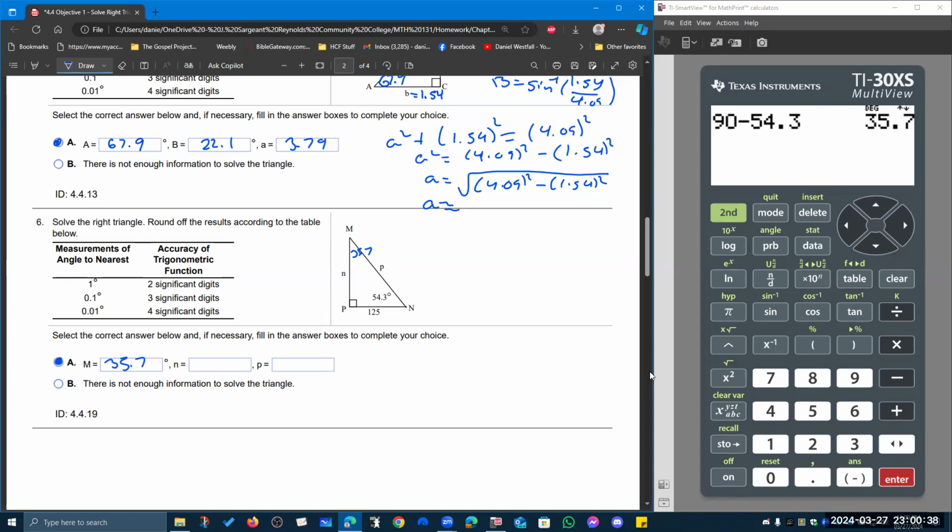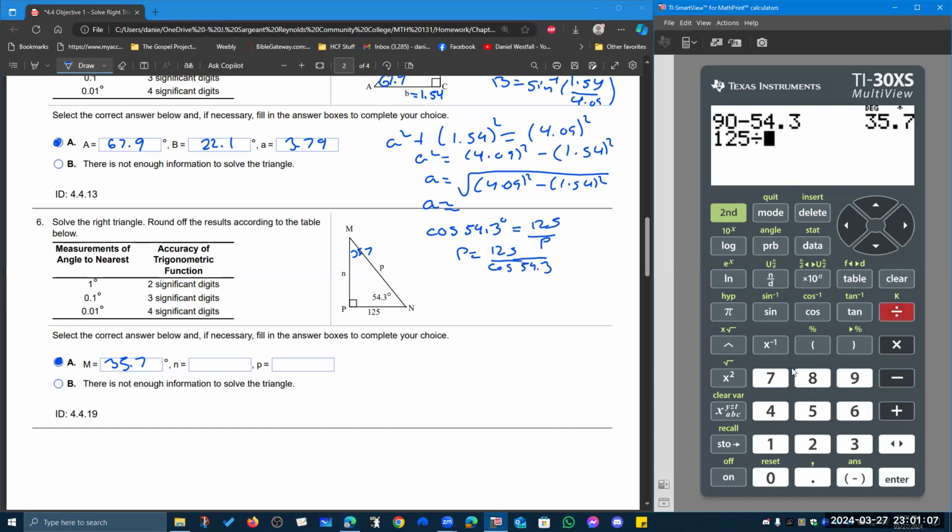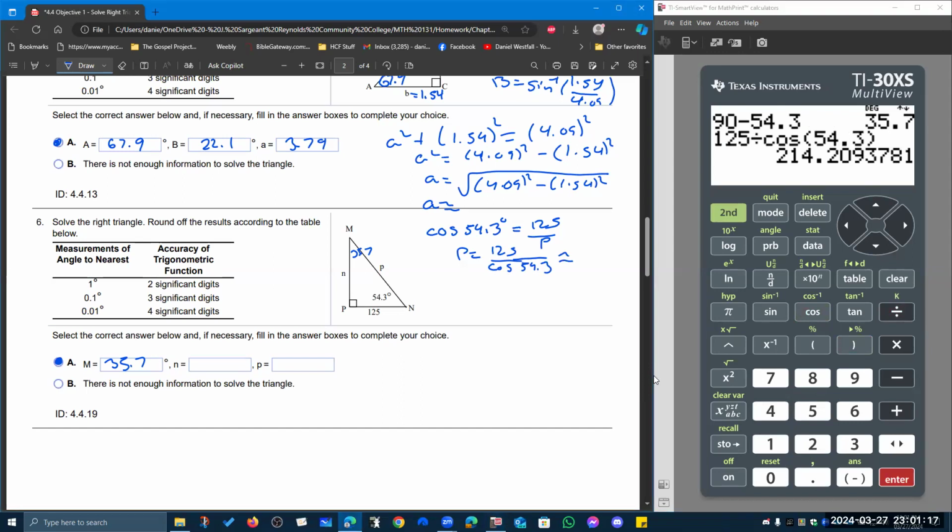Then let's go ahead and find cosine of 54.3 degrees is equal to 125 over side P. So P is equal to 125 divided by cosine of 54.3, which will give me a P that is approximately, and we are using tenths of degrees, so three significant figures, 214.